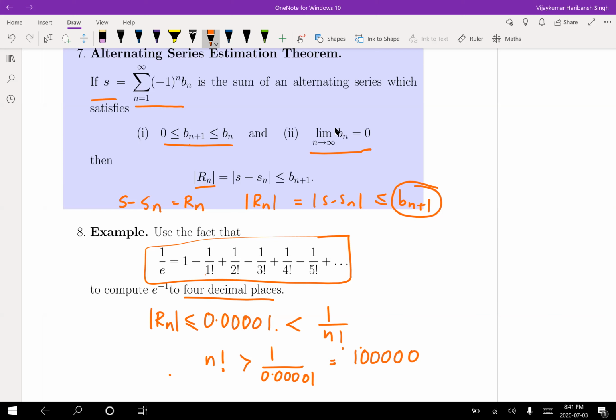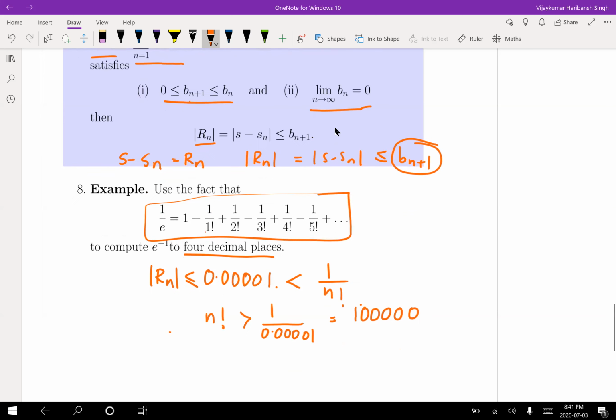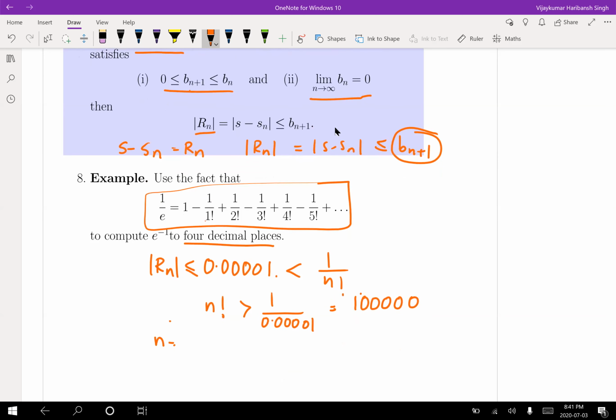I have to use a calculator for this. 9 factorial turns out to be 362,880, which is bigger than 100,000. So in this case, our n is 9.